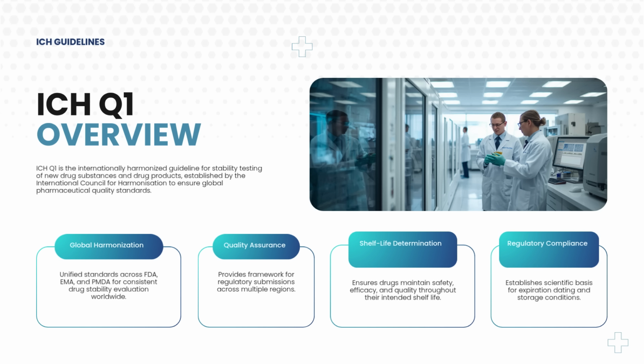By adhering to these guidelines, we achieve three key objectives: global harmonization, quality assurance, and regulatory compliance together. These aspects ensure that patients can trust the medications they rely on every day. As we move forward, we will explore the comprehensive framework of the ICH Q1 series and how it further supports global regulatory harmonization.